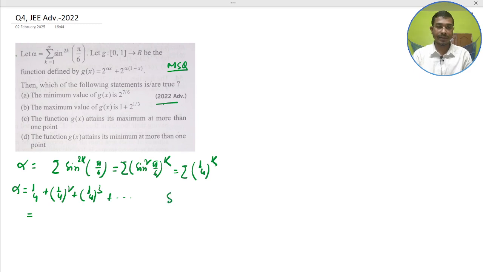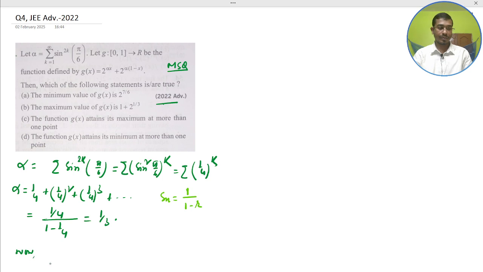So the infinite series summation rule, we just discussed in the series and sequence chapter from class 11, 1 by 1 minus r. So this be the 1 by 4 divided by 1 minus 1 by 4, that would be the 1/3.